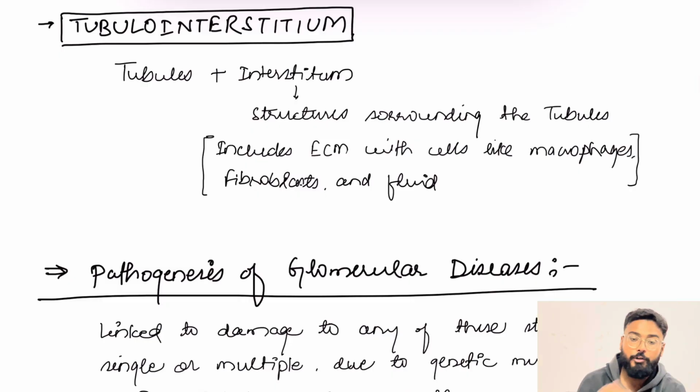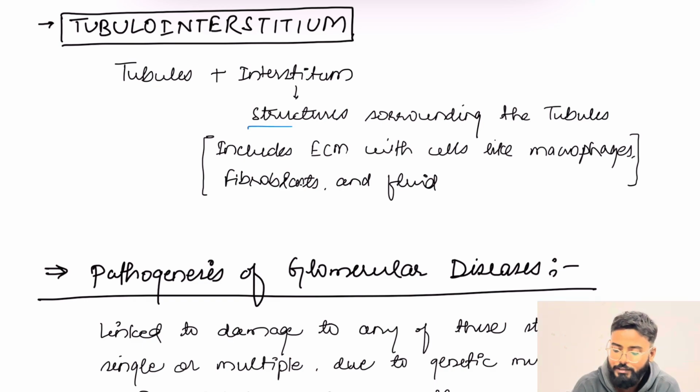Moving on to tubulointerstitium. So tubulointerstitium is nothing but your tubules and the interstitium combined. And what is your interstitium? So interstitium is nothing but all these structures excluding tubules which are present around the tubules. So if you can think of some tubules, and surrounding these tubules some structures are present, that is your interstitium.